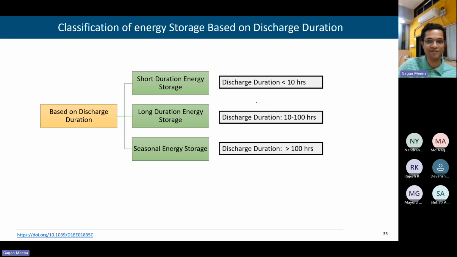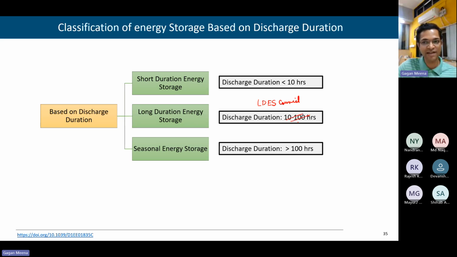Recently, there is one Long Duration Energy Storage Council. You can find its report. It has members from technological institutions as well as from industries. All the industries who are developing different energy storage, especially long duration energy storage, are part of this consortium.